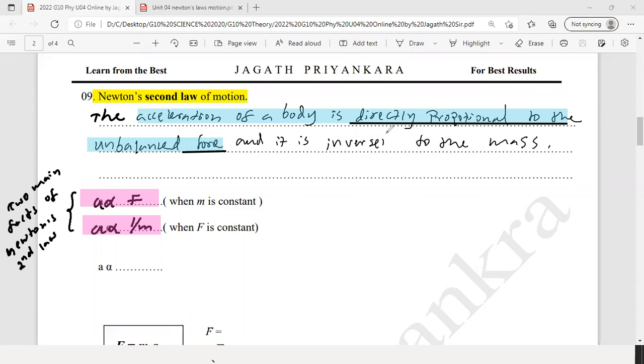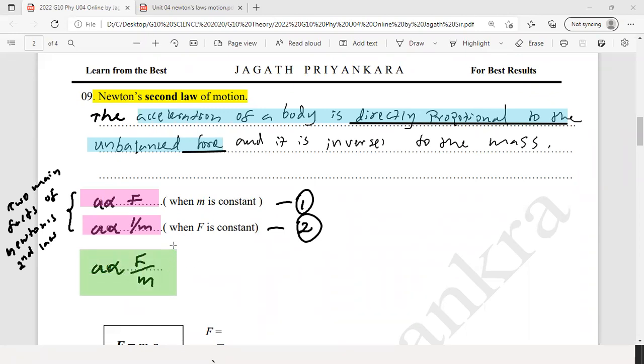So these are the two main facts of Newton's second law. What you wrote in words, I have given here also separately. When you combine both, you can write like this. Acceleration is directly proportional to force and inversely proportional to mass. So I'll highlight this.